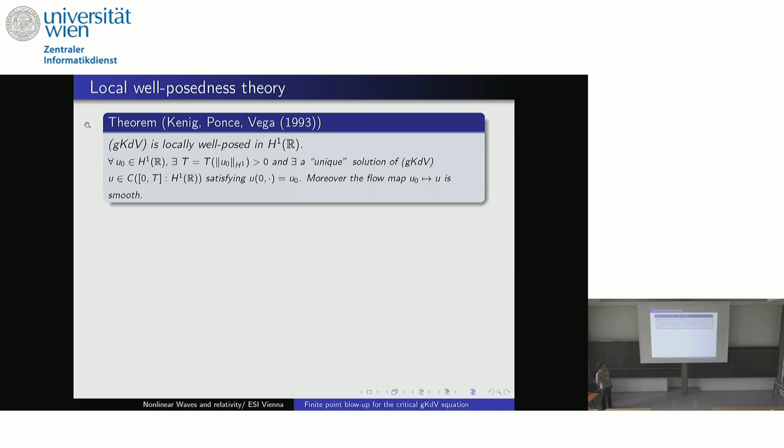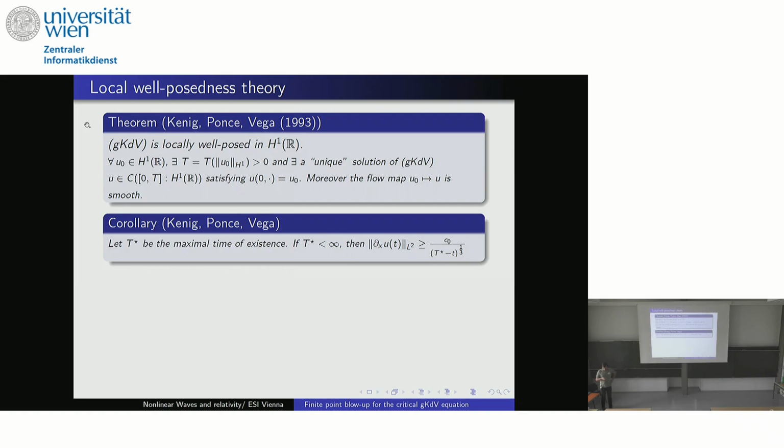And there exists a unique solution of gKdV starting at time 0 from u0 and describing a continuous curve in H1. Unique in the sense that to construct the solution, you have to be in a smaller function space. So you have to add some norm to run the fixed point argument. And so it's unique in this smaller function space. And moreover, of course, the flow map is smooth.